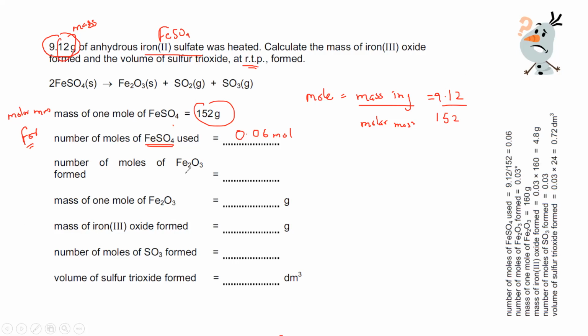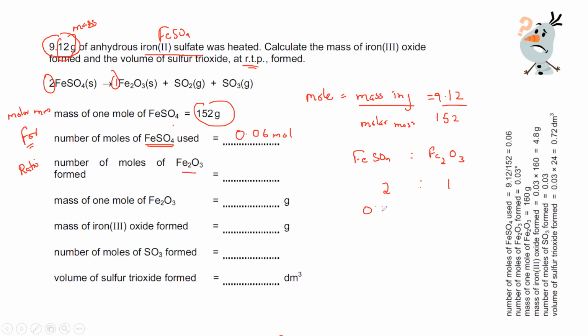Now, the number of moles of iron 3 oxide. Nothing is given about iron 3 oxide. So what will we use? We'll use a ratio. What ratio will we use? We'll take the ratio of iron sulfate and iron 3 oxide. When we check the equation, the ratio from the equation is 2:1.